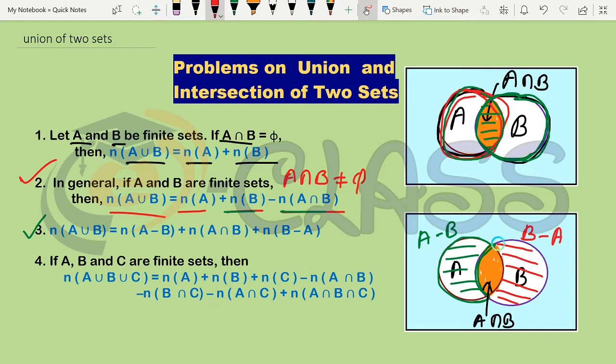So this green area is A minus B, this red area is B minus A, and this orange common area is A intersection B.